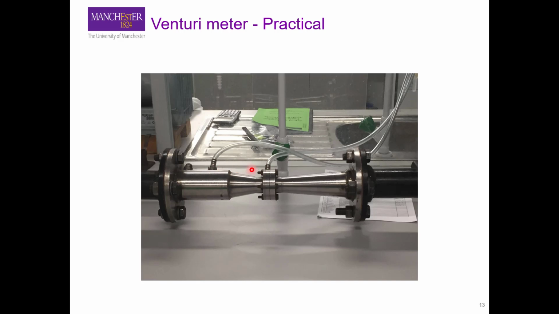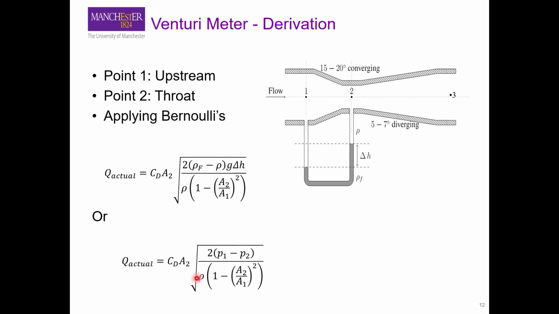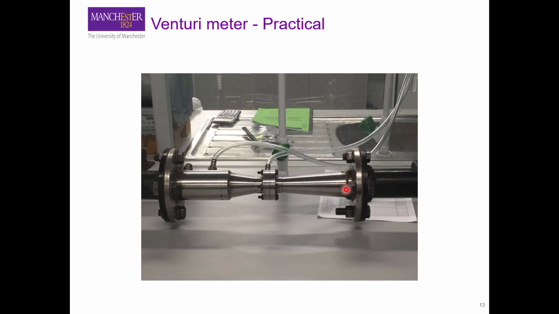So by measuring the difference between these 2 points and using this equation here, you can calculate the flow rate through your pipe. Okay, so we saw that by using these meters and using the analysis of the Bernoulli equation, we can actually relate the change in pressure to the velocity of the fluid.